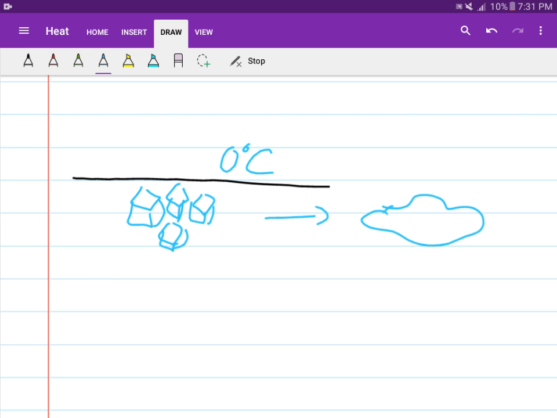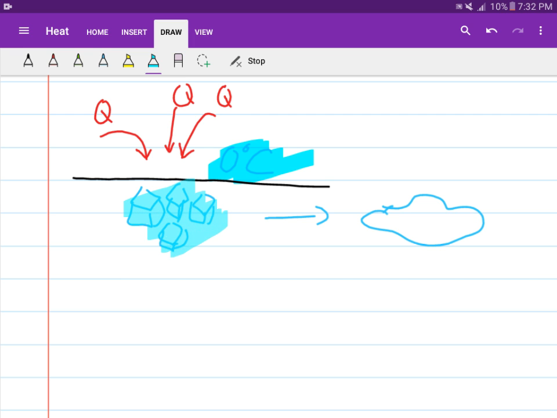What happens is that energy from the environment is being put into the ice so that it will be converted into water. But please take note that even though energy is being input, the ice remains at 0 degrees Celsius.